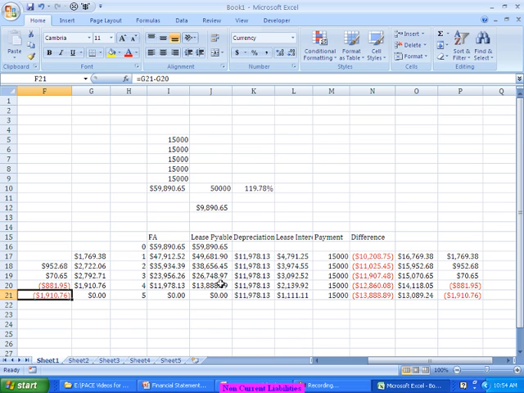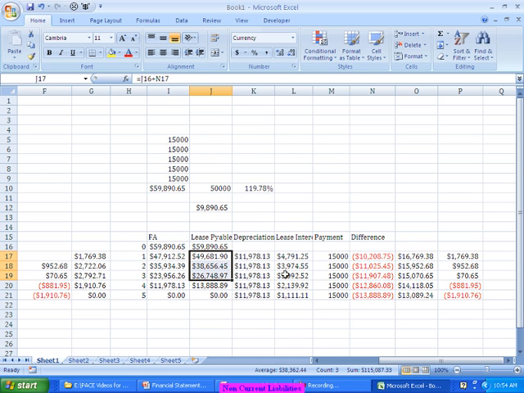So what we are seeing is, in the initial years, in the first 3 years, the expense, which is the sum of depreciation plus interest, is more than the actual payment that you are paying. This is what is resulting in your liability being more than your asset.